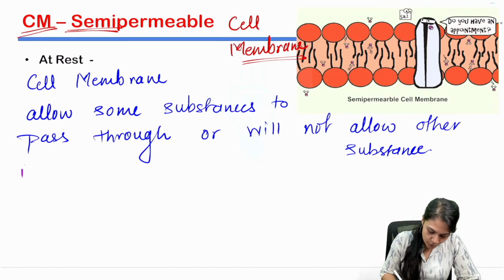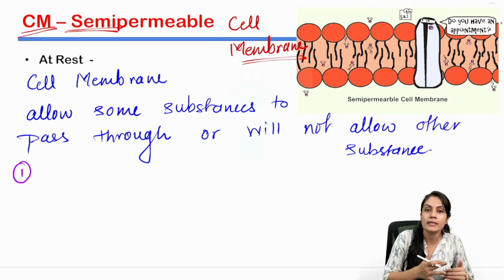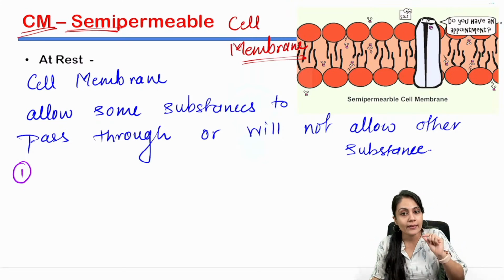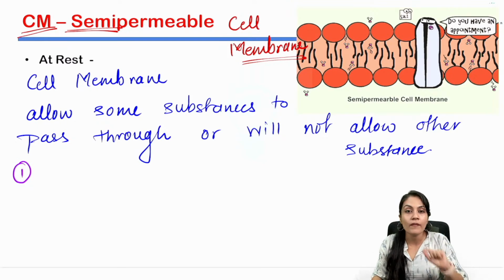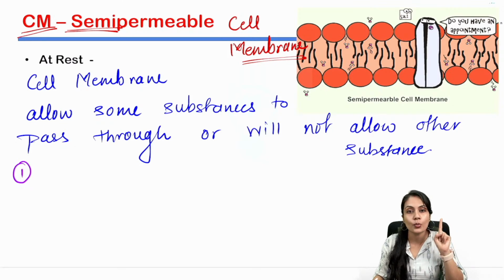The first group will be of the ions which can cross the cell membrane easily at rest, and if they can cross without the help of any carrier or protein or receptor, that means we do have diffusion over there, because it's a passive movement, isn't it?